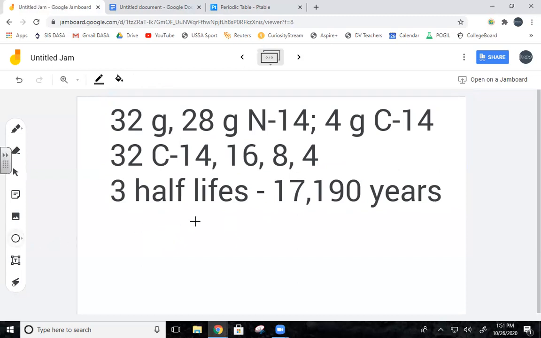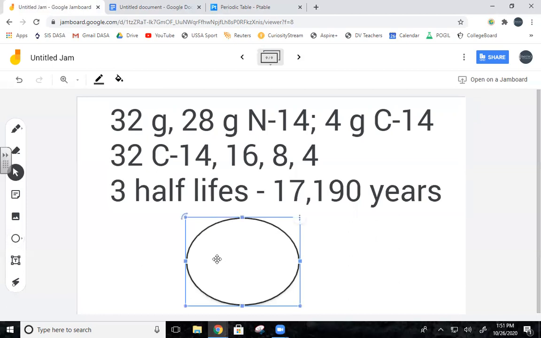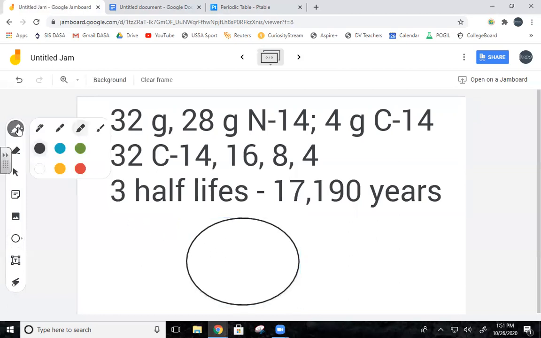So let's draw our circle again. And this circle is 32 grams. After 0 half-lives, it weighs 32 grams. After 1 half-life, we're down to 16.